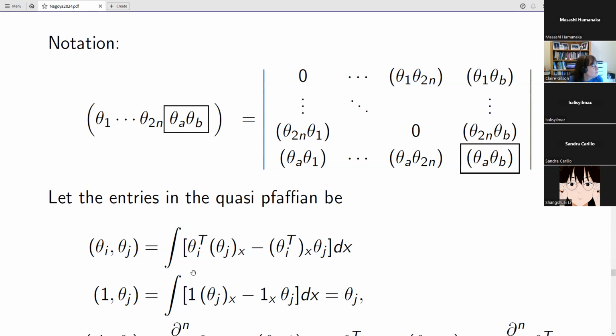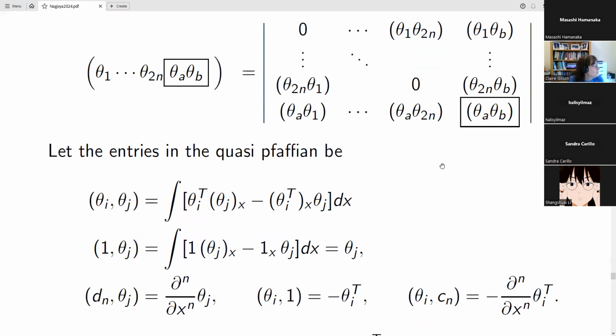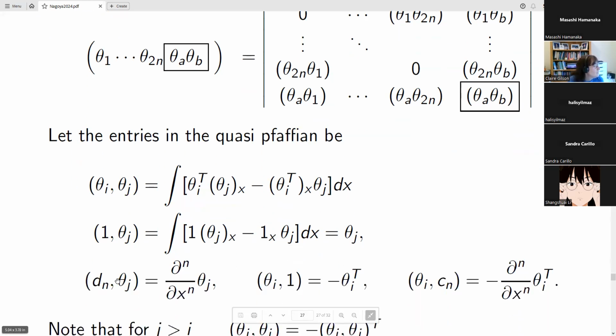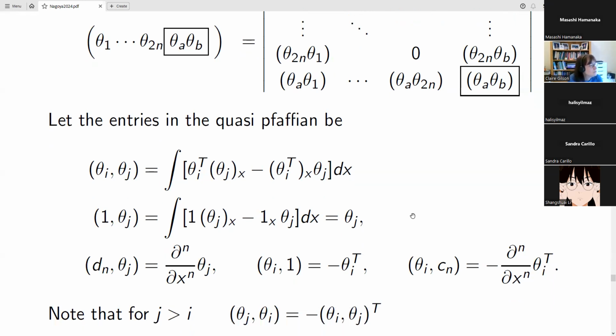I'm going to have some quasi-Pfaffians that just have simple thetas. So some are going to have thetas in the last column and thetas in the last row and derivatives of thetas. And so they're going to be labeled with, basically, if I put a d with a theta, a dn means an nth derivative with respect to theta, and a cn is an nth derivative with respect to theta transpose.